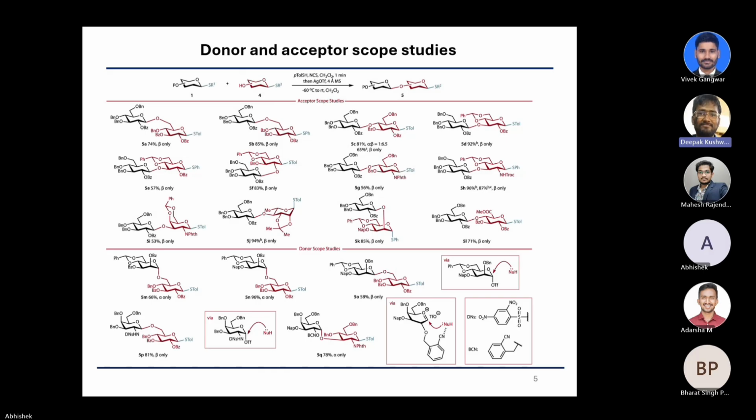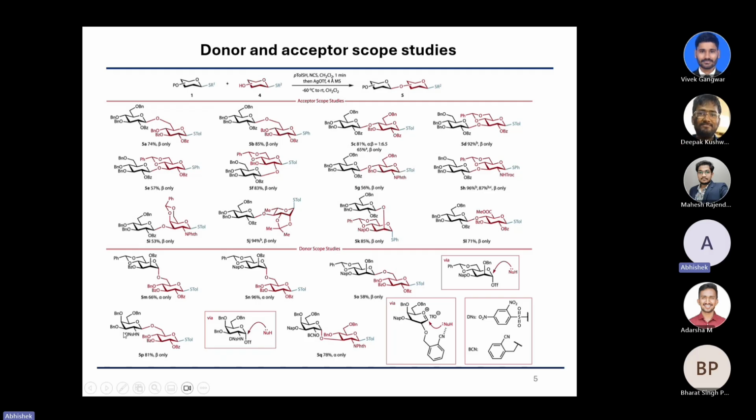So what they are explaining here in donor scope study? Here, because of anchimeric assistance of this OBz, alpha is formed. But by replacing OBz with OBn, here he got only beta. So they are explaining that it is a direct displacement reaction, like SN2. That's why here beta is formed. Okay, that is okay. But what in 5P, below 5P, here this C2 is DN and here C2 is BCN.